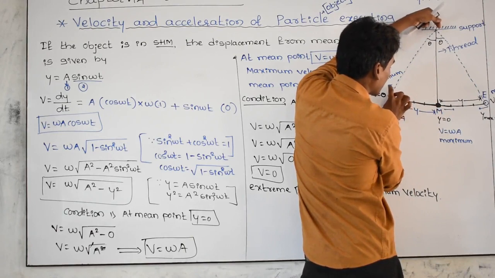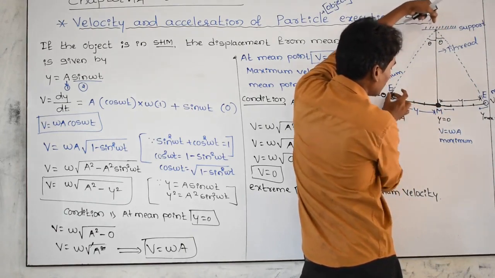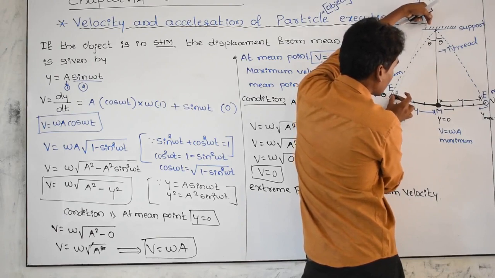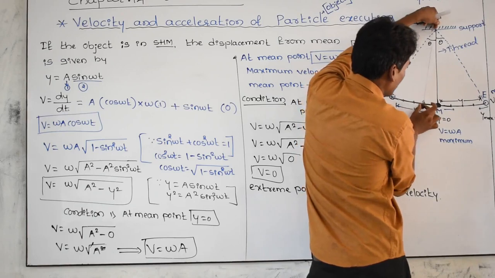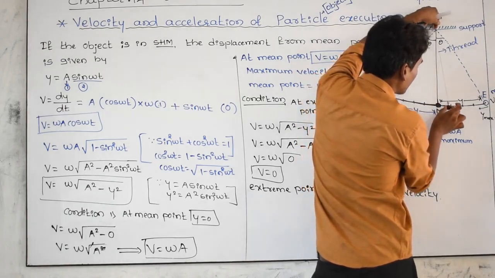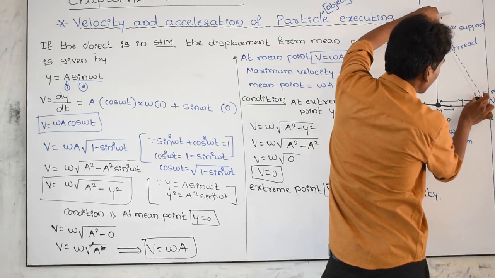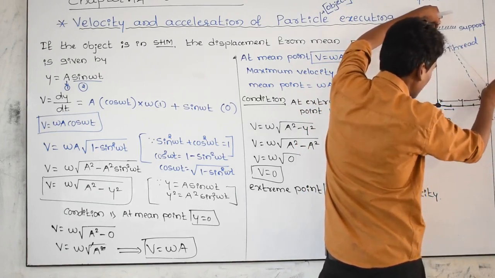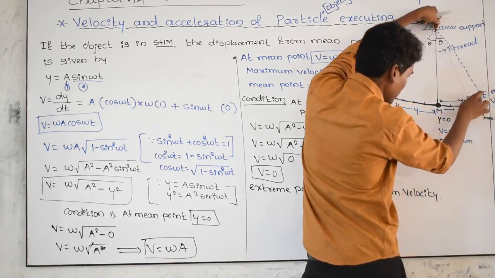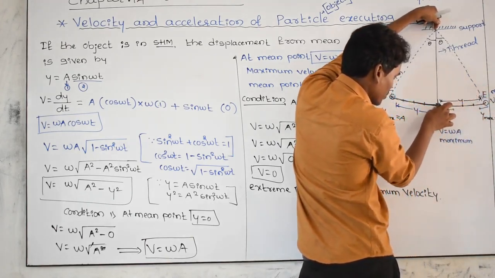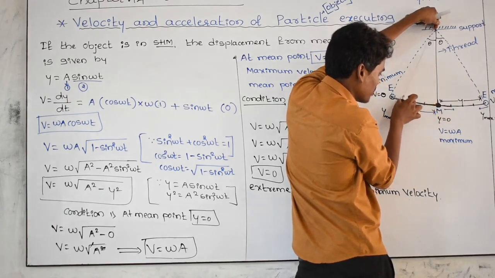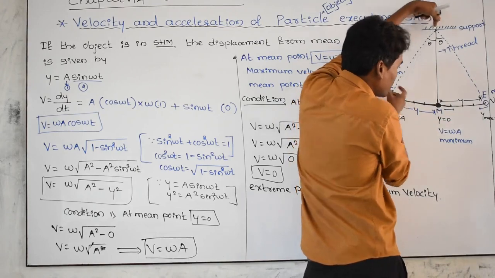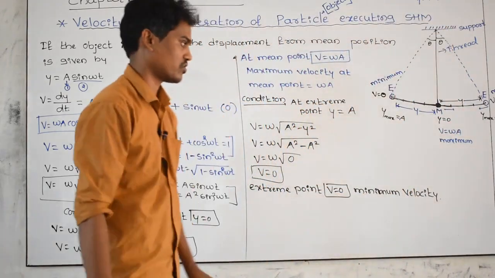Again the restoring force acts in this direction, the body moves towards the mean point, velocity increases and becomes maximum, then decreases and becomes 0 here. Again restoring force acts in this direction, velocity increases to maximum here. Because of restoring force and acceleration, the object keeps moving, and the same goes on continuously.